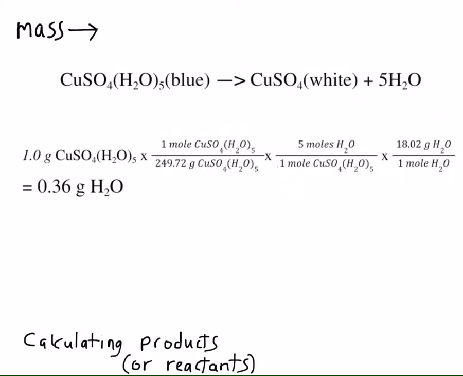So the steps to these are first mass. Do you know what mass is? How much something weighs. So that's usually grams. And next you convert to moles. Do you know what moles are? He said he doesn't know. A mole is just a certain number of atoms, like a dozen.